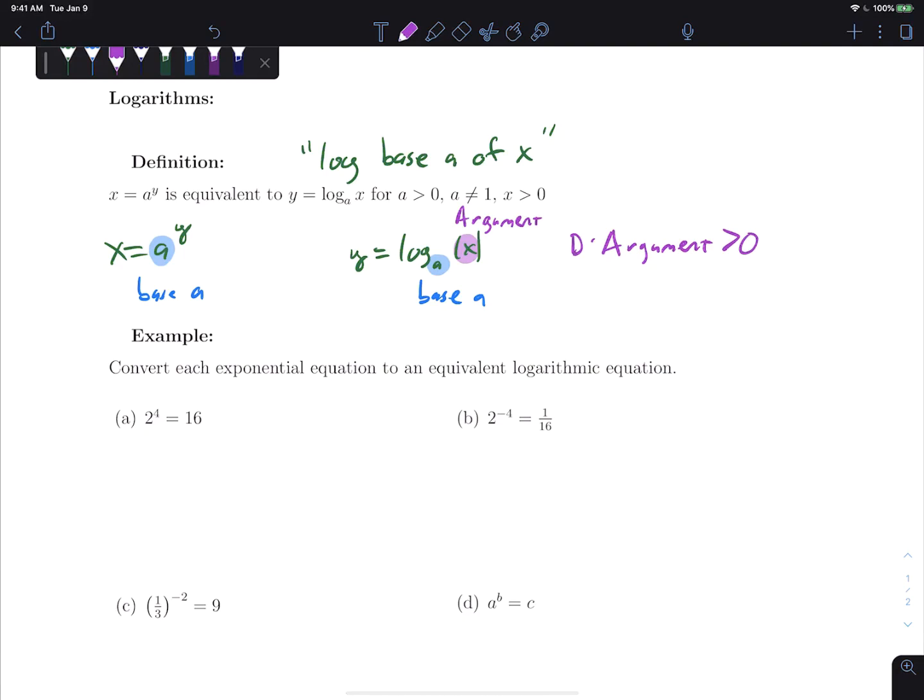In fact, that tells me what the domain is for any logarithm. The argument must be greater than 0. Now, notice that the range for a logarithm is going to be negative infinity to infinity because the domain of an exponential is all real numbers as well. And because exponentials and logarithms are inverses of each other, that means that their domains and ranges are switched.